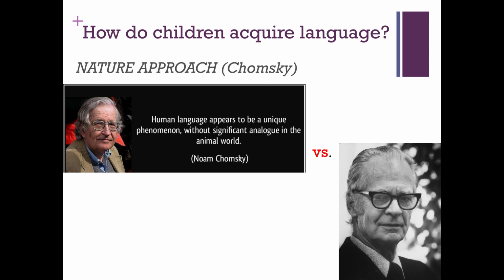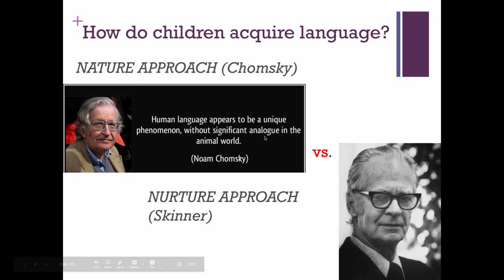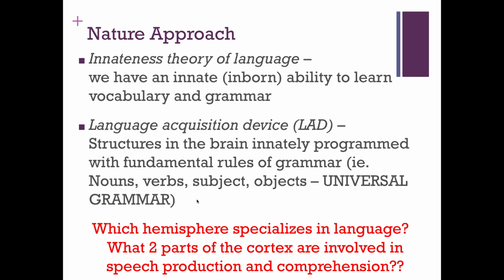So we're going to talk about the nature approach and then this nurture approach. So this idea that we're hardwired to learn language versus language is something that's completely learned via reinforcement. So the innateness theory of language is the idea that we all have an inborn ability to learn vocabulary and grammar.